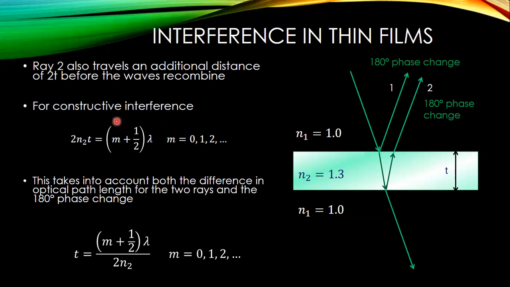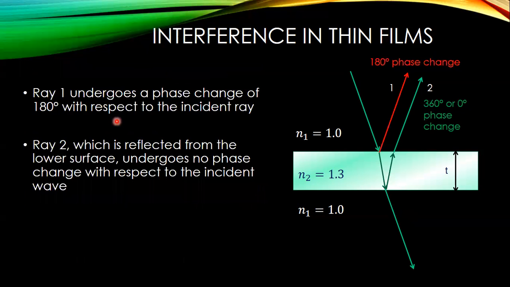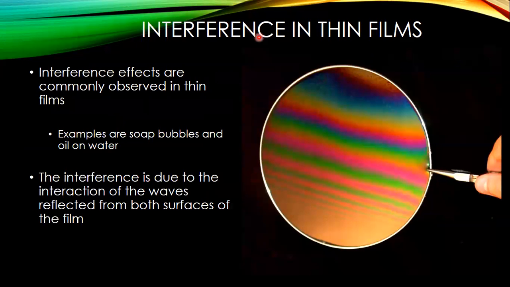Okay, constructive interference. So again, looking back at our bubble right here, this first blue fringe probably corresponded to about 1/4 of a wavelength of the blue light, and blue light being around 460 nanometers.